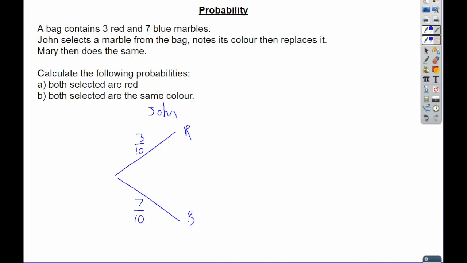Next, I'm going to extend the tree diagram for what Mary is going to do. So Mary's selection is going to come up next. Now, if John selected a red marble to begin with, then Mary can either select a red or a blue. And the chances of her selecting a red or a blue are what? Precisely, they are the same. 3/10, 7/10.